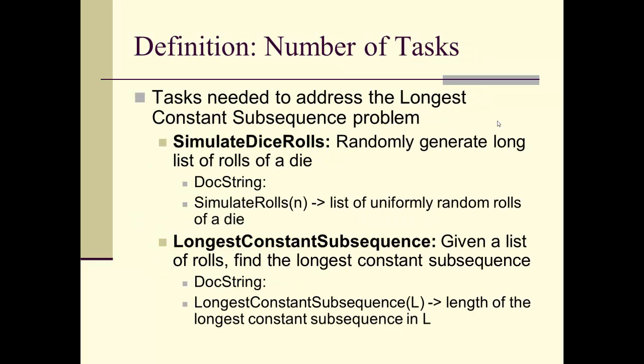These 2 tasks are very different. I would not try to write a program that did both of these in the same procedure. Simulating dice rolls, you're going to be given the number of dice rolls you want, and it's going to be simply a list of uniformly random rolls. The longest constant subsequence task is, given that long list of rolls, you're going to determine what the length of the longest constant subsequence is.